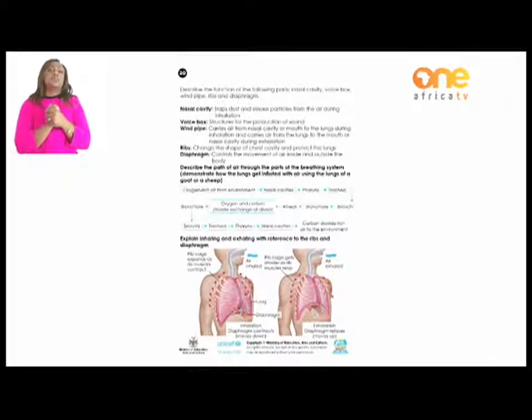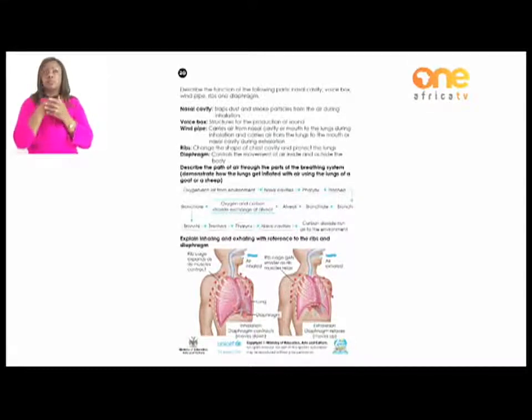That's why if you go to places that are dusty or smoky, you might end up having flu at the end of the day. That flu is a result of the nasal cavity holding those heavy particles that were in the air you breathe in. It collects all the dust that is not needed in your body, lets the air in, and the dust remains.